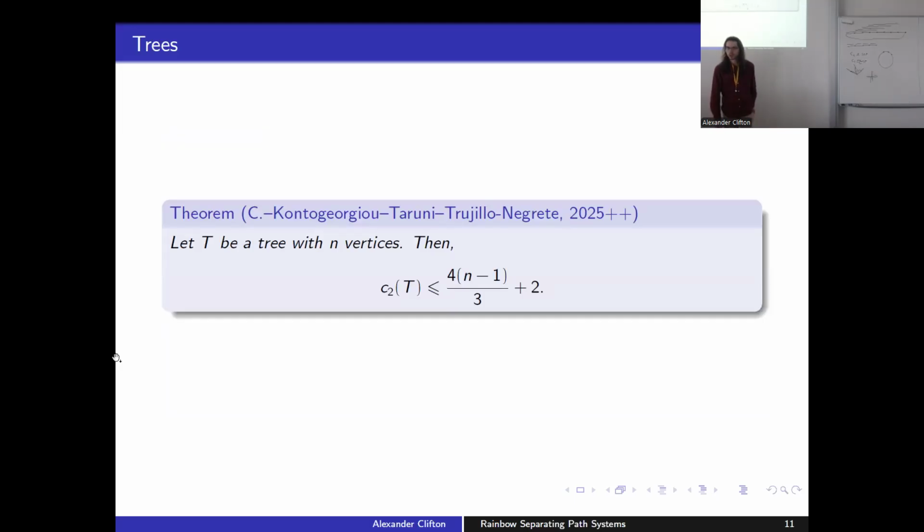So we're able to show that for a tree with n vertices, or maybe I prefer to talk about things in terms of edges, a tree with e edges, we get an upper bound of 4e over 3 plus 2. I firmly believe that we can get rid of this plus 2, but I'm trying very hard not to tell any lies, so I will include it just to be careful.